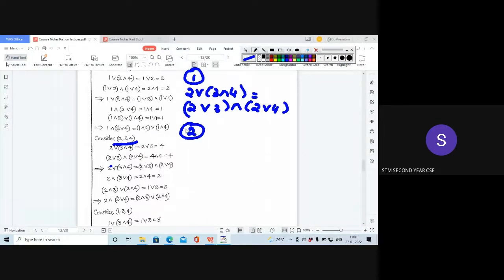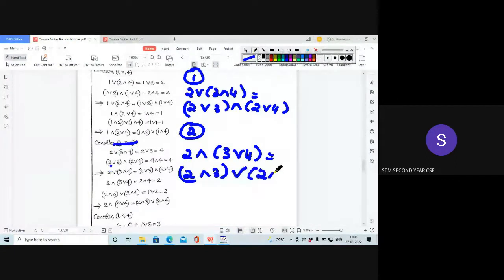And again, you have to check that the second law is also satisfied for that combination, that is 2 and (3 or 4) is equal to (2 and 3) or (2 and 4). So this is the second distributive law. So for this 2, 3, 4 combination also, you have to check if the first distributive law as well as the second distributive law is satisfied.